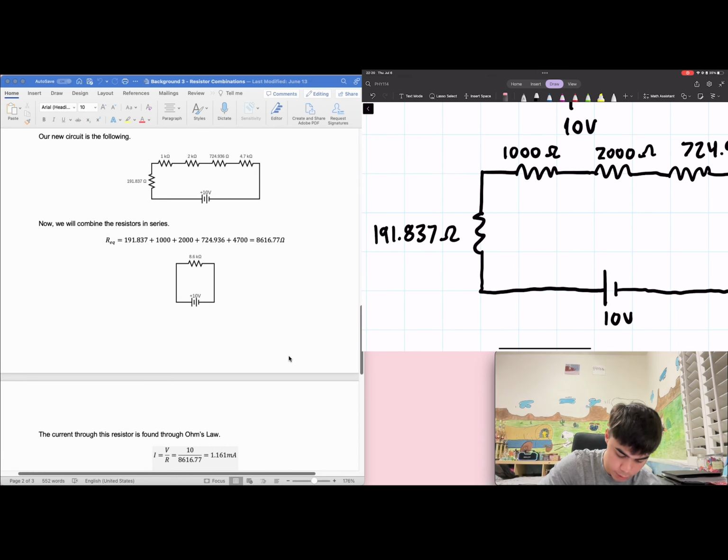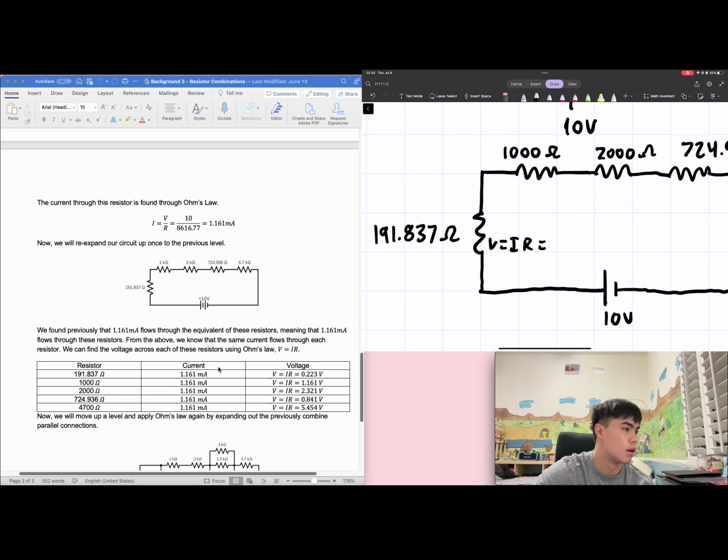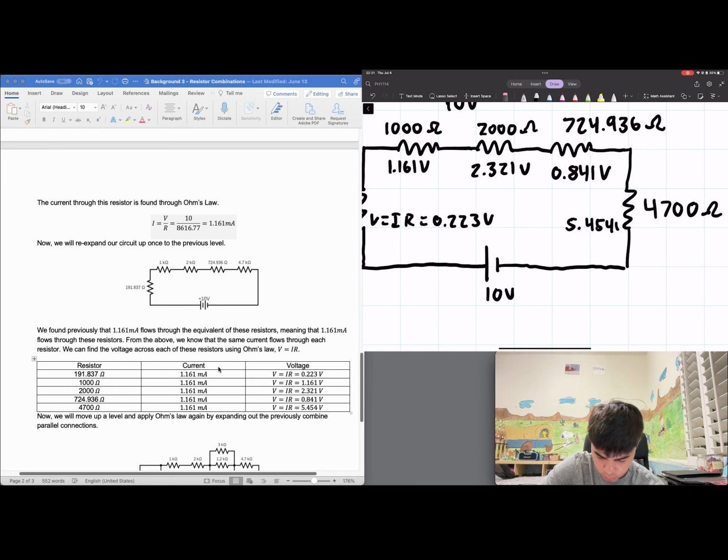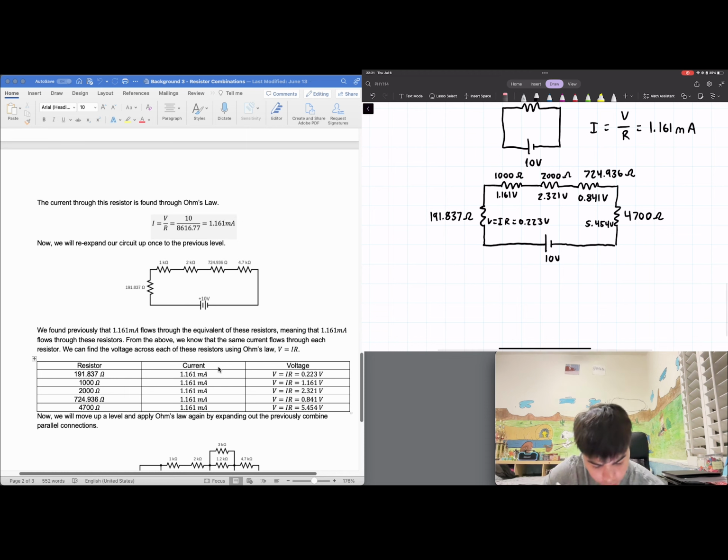So for this one we have V equals IR, and then for the 10,000 ohm one we get this.